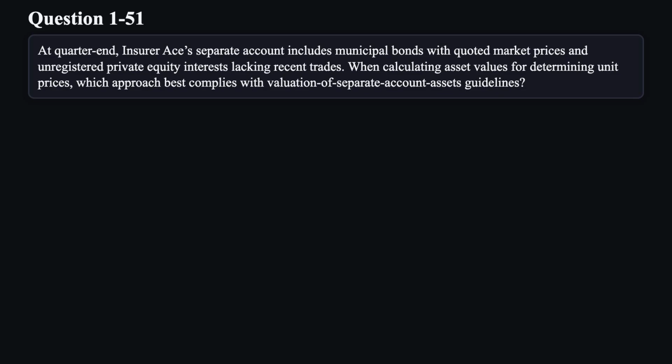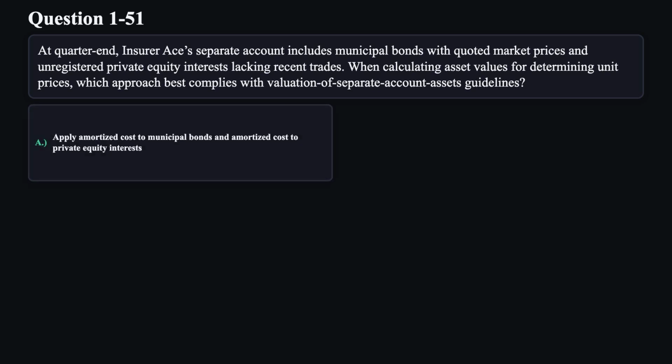Question 51. At quarter end, insurer ACE's separate account includes municipal bonds with quoted market prices and unregistered private equity interests lacking recent trades. When calculating asset values for determining unit prices, which approach best complies with valuation of separate account assets guidelines? A. Apply amortized cost to municipal bonds and amortized cost to private equity interests.